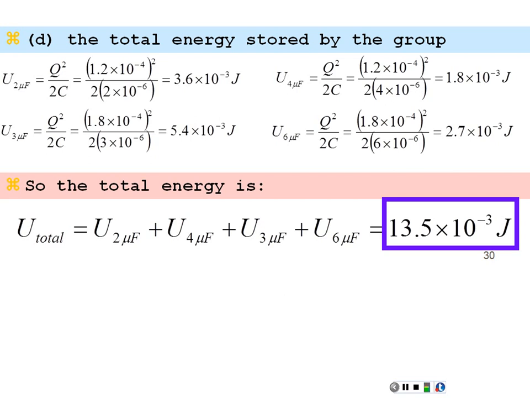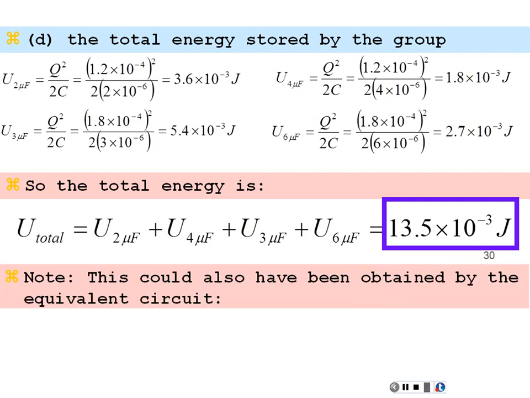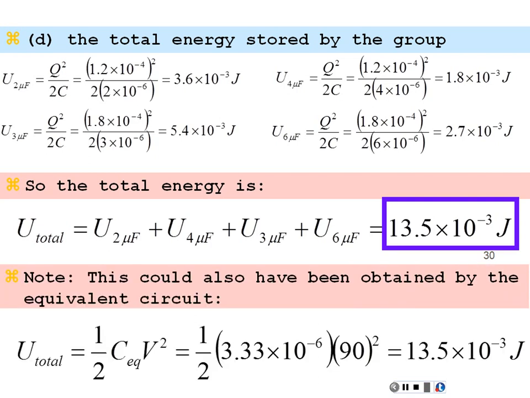In other words, if we had an equivalent circuit there, it should also store the same amount of energy. If we use the equivalent circuit, 1/2 our C equivalent times the voltage, which is the full voltage, across it squared, which was 1/2 times 3.33 microfarads times 90 volts squared. Yes, we get 13.5 millijoules for that.